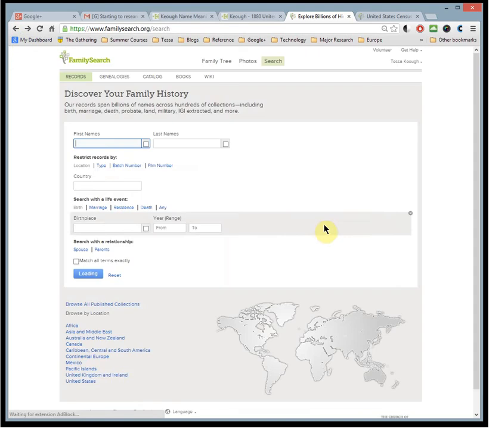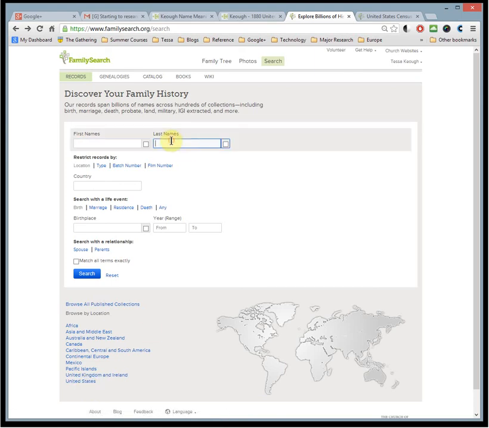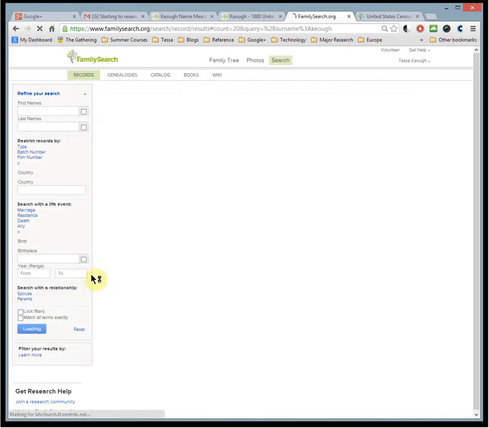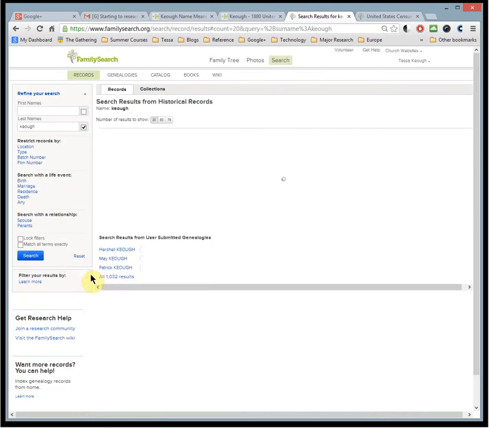You can search records, and I'd browse by location. Wherever you're starting out, I always go to the location first, and then I take a look at the records. You can put your surname in. If we were to approach it this way, I haven't limited my search at all. So it's bringing back all of the records they have for Keogh.